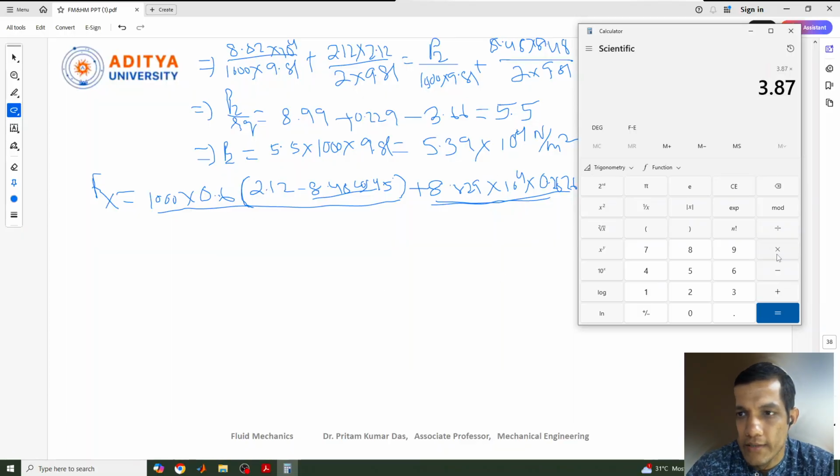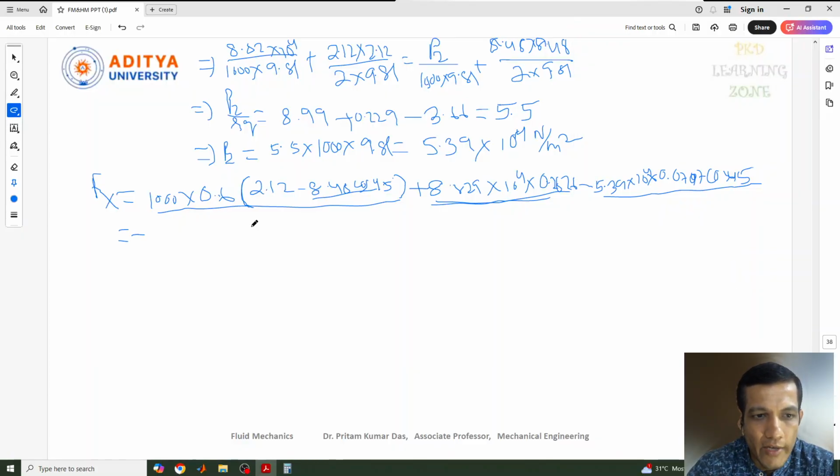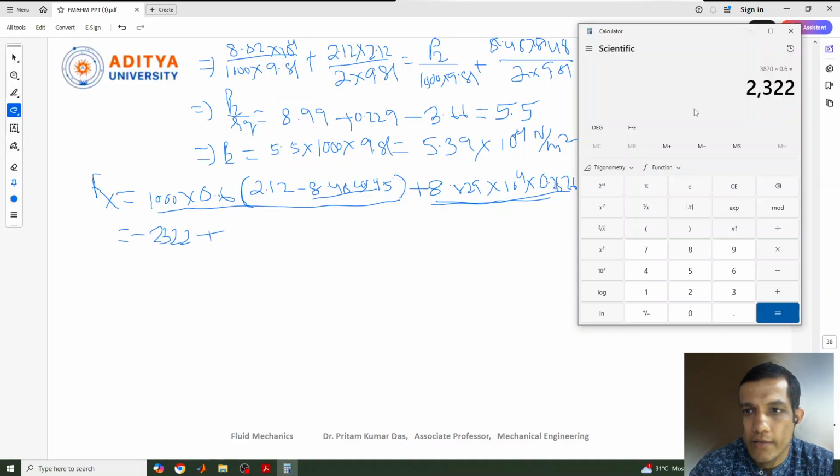Okay, minus 3.87 into 1000 into 0.6, so minus 2322. Something near about that value, because I have not taken some of the decimal values, so minus 2322. Similarly, we will get this value here, let's find out.